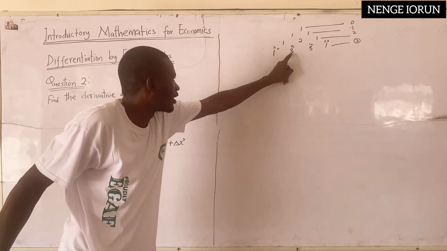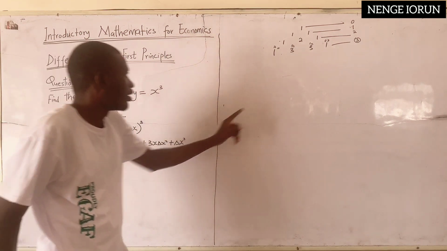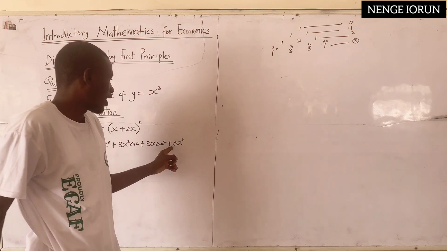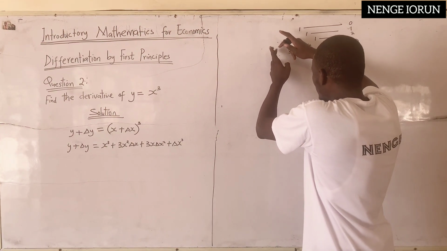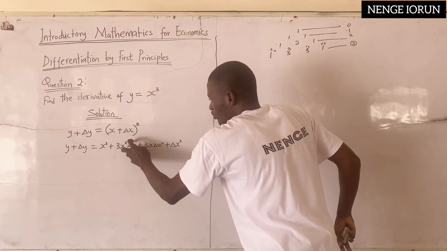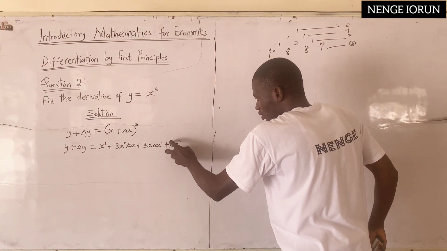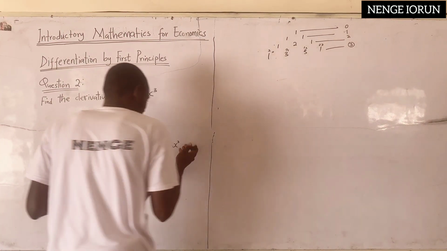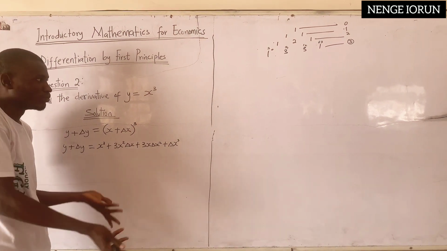The second coefficient is 3, the third coefficient is 3, the fourth coefficient is 1. And here they are interchanged: 3, 0, 2, 1. 1, 2, 0, 3. So this is the expansion. You can do it in different ways, but this is the simplest method according to me.